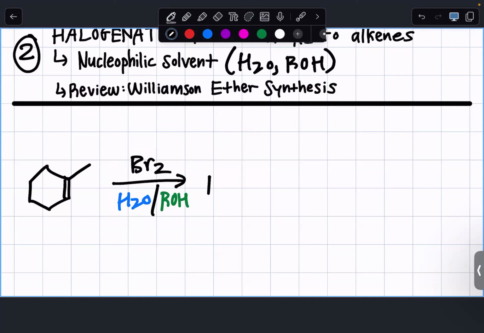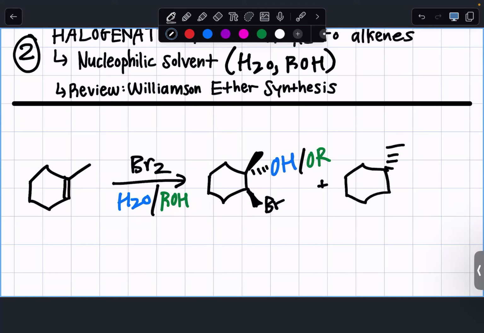What we are going to get here, where if our solvent was water, the thing that attaches to the alkene is an OH.